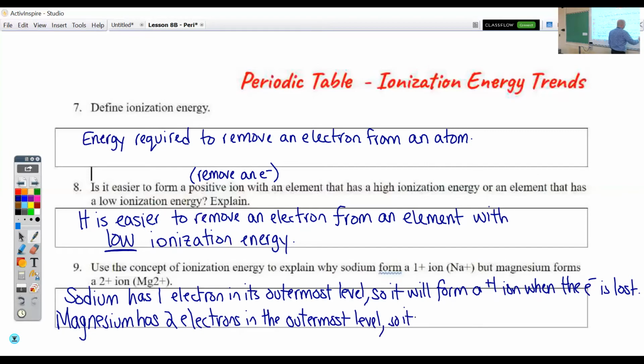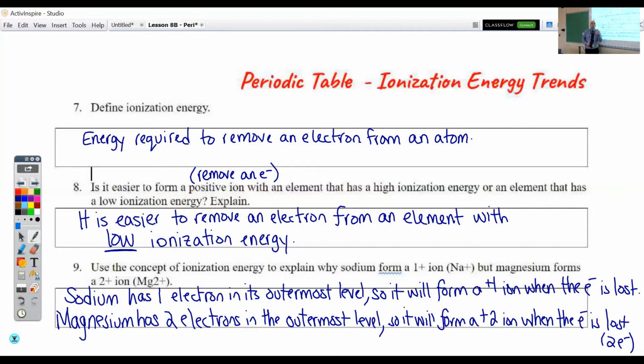So it will form a +2 ion when the electrons are lost. In this case, 2 electrons would be removed.